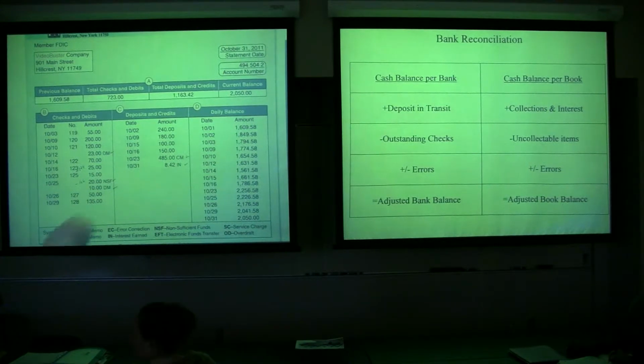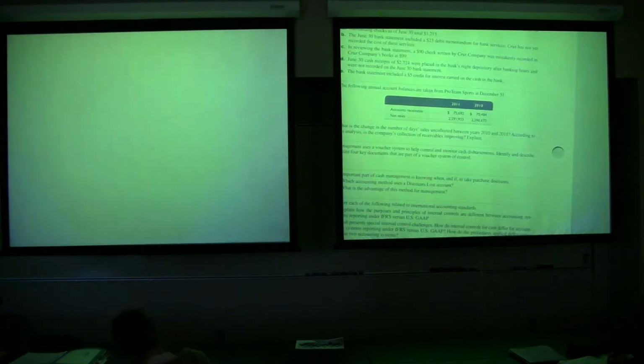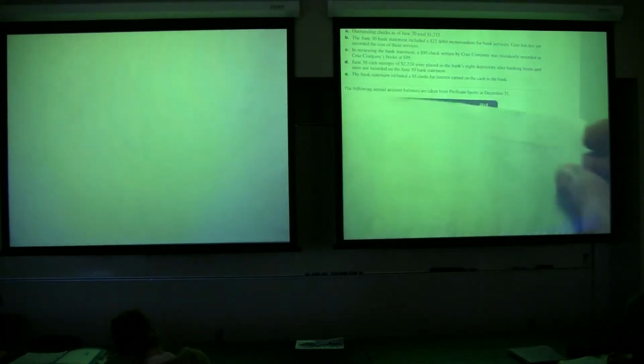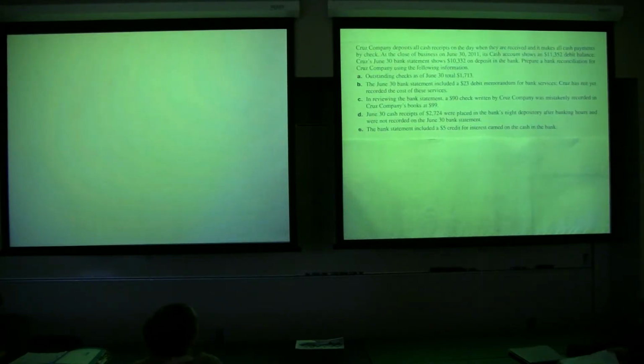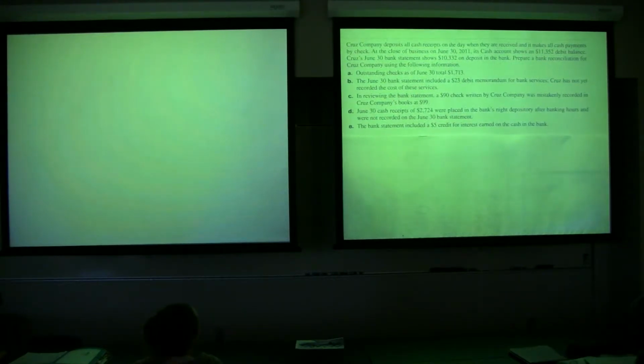All right, let me put it up here. So here's 8-6, page 346. Make it more readable. What it says is the cruise company deposits all cash receipts on the day they're received and makes all cash payments by check.